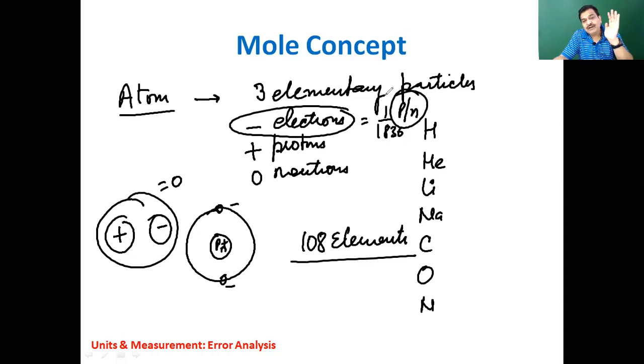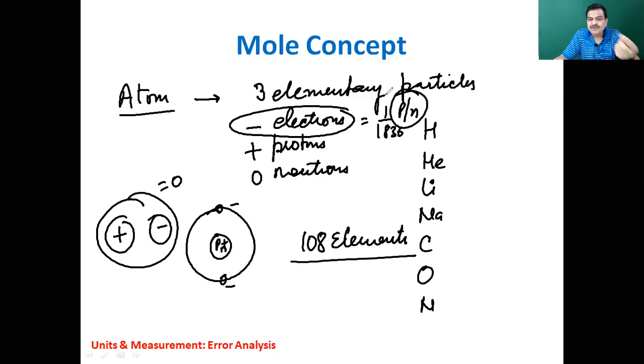So the mass of the electron is negligible as compared to the mass of the proton and the mass of the neutron. So when we consider the mass of an atom, we normally don't take the mass of the electron because they're so small and so light that their mass makes no difference to the total mass of the atom.